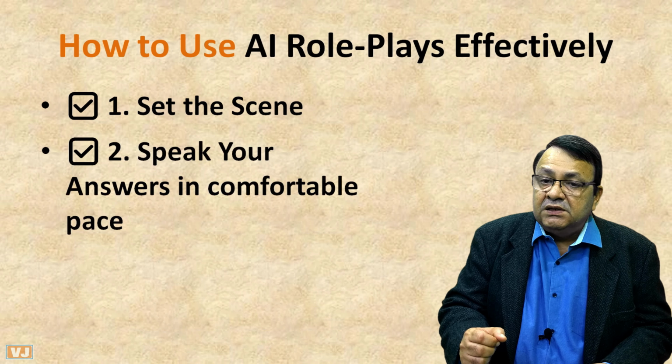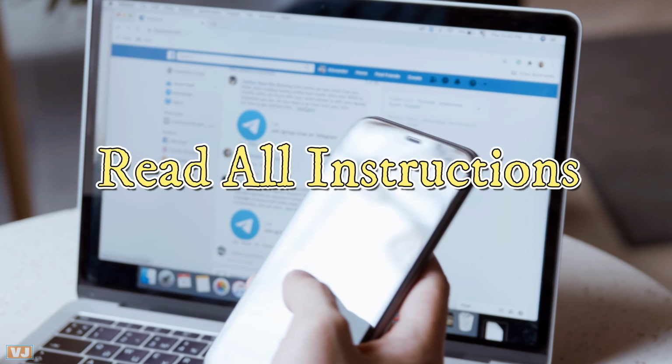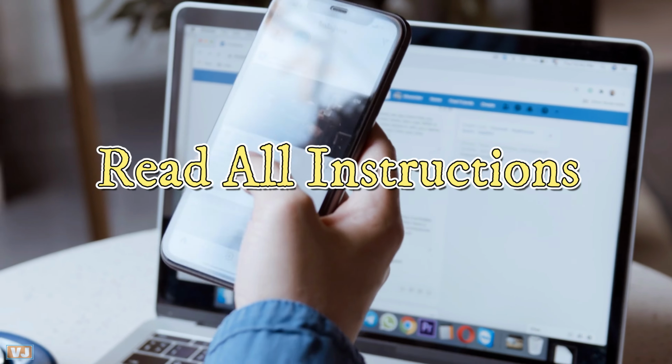Speak your answers as instructed. In the role plays, read all instructions carefully before starting. Once you have done one role play, in the next round of tries it will become very easy for you to repeat, and you will learn all these steps and instructions. This helps you progress with fluency, confidence, and body language.